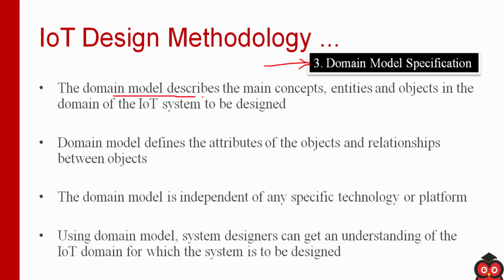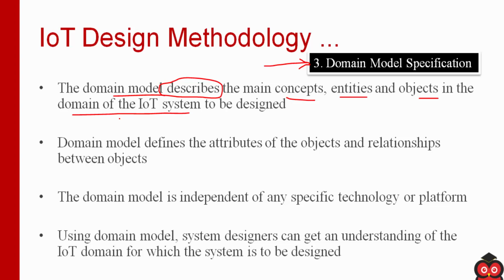So you can see here, the domain model describes the main concepts, entities or objects in the domain of the IoT system. The domain of the IoT system we are developing is the smart lighting system. So what will be there in the smart lighting system? There will be lights, that is the bulbs.